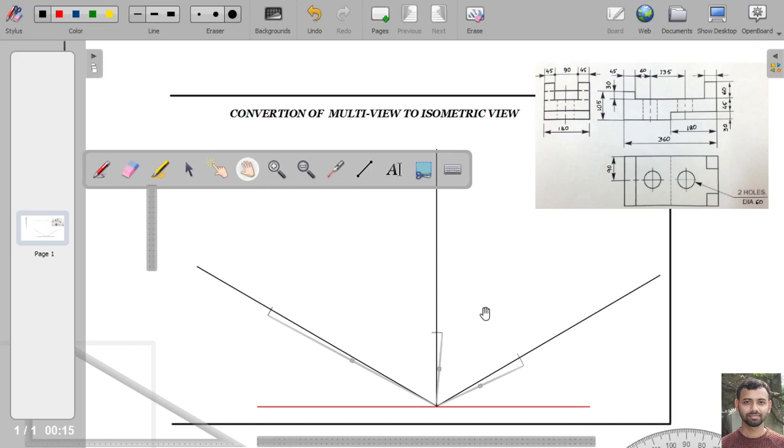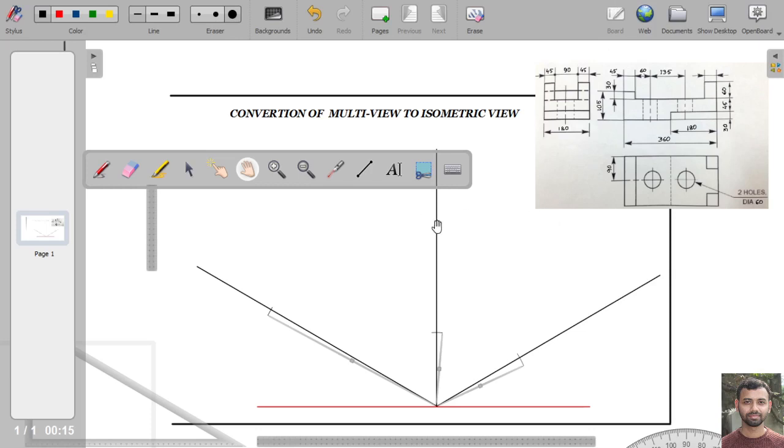Isometric lines are the lines that are parallel to the isometric axis. If there is any line that is parallel to these isometric axes, all those lines will be called isometric lines. And if there is any line that is not parallel to the isometric axis, then that line will be called a non-isometric line.